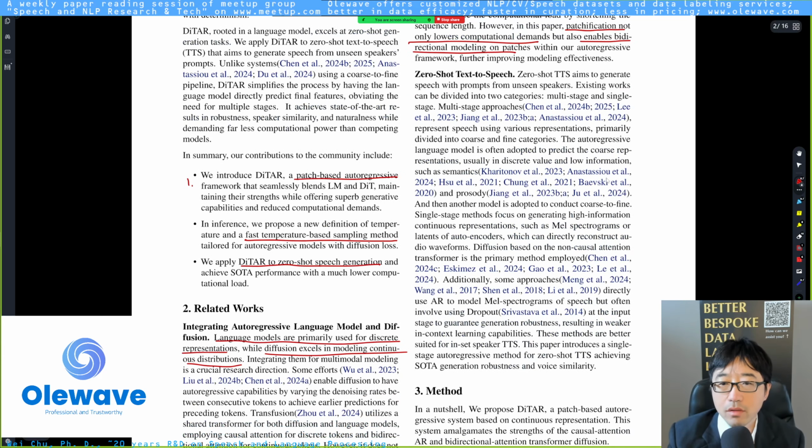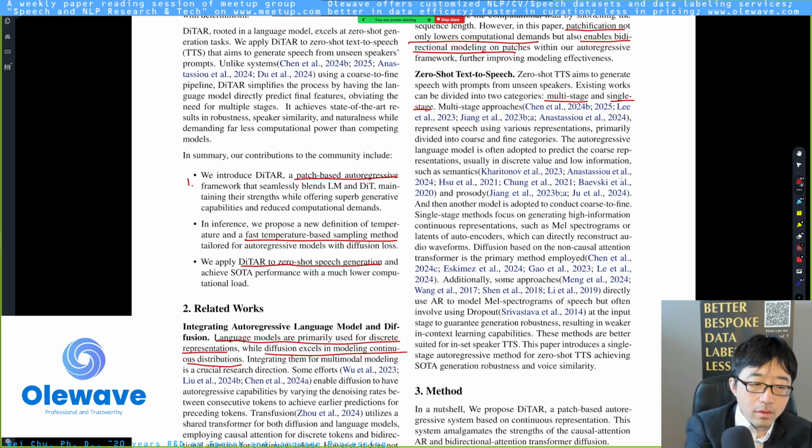Zero-shot TTS, there are tons of people working on this topic. They're addressing the issues that people have, because these models can be categorized into two, multi-stage or single stage. I can see these ByteDance people are not in favor of multi-stage generation because they claim that these are usually a cascaded system.